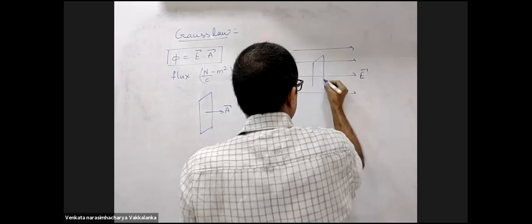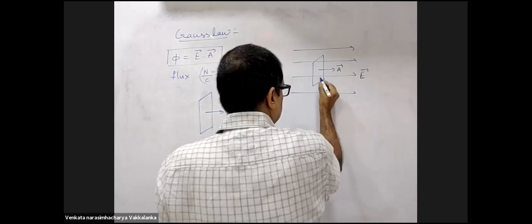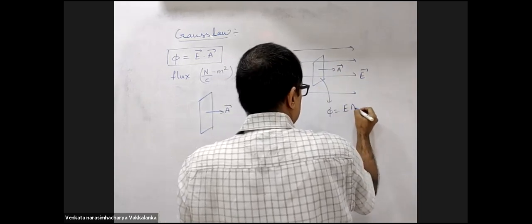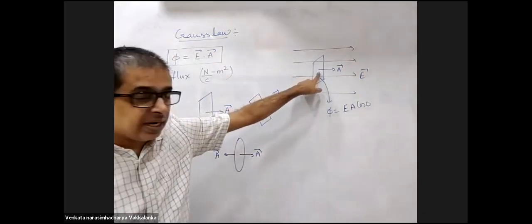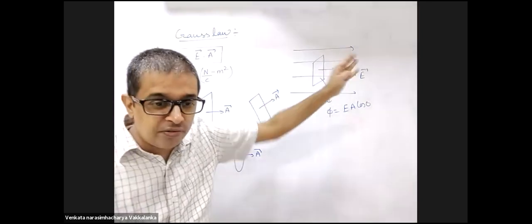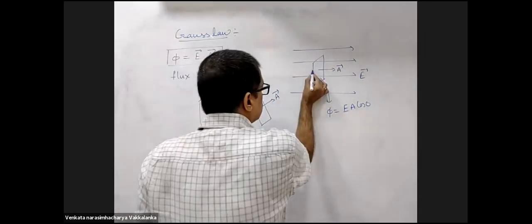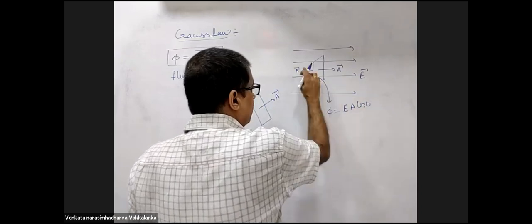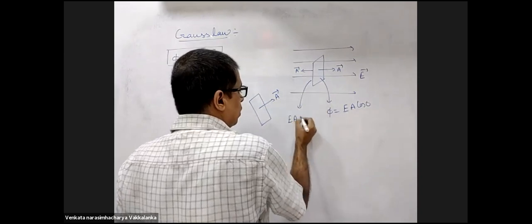If you take a rectangular plate like this, flux through this surface will be EA cos theta. Electric flux through the front face will be EA cos 0. Through the back face will be EA cos 180.